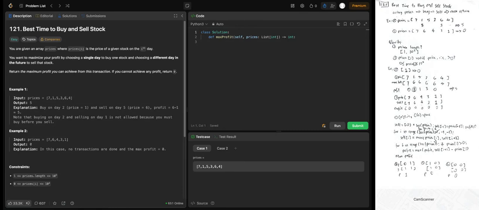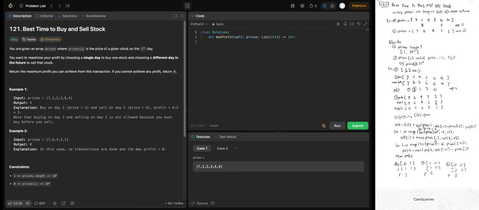Okay, you are given an array prices where prices[i] is the price of a given stock on the i-th day. So we have the array prices.